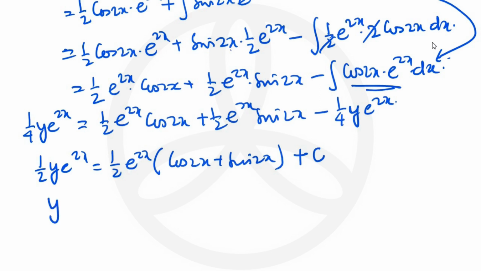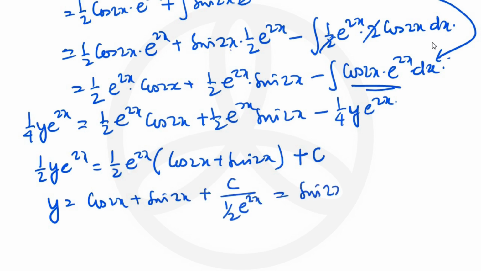Therefore y will become, if we divide the entire expression by half e to the power 2x, cos 2x plus sin 2x plus c divided by half e to the power 2x. This will become sin 2x plus cos 2x plus 2c, e to the power minus 2x.